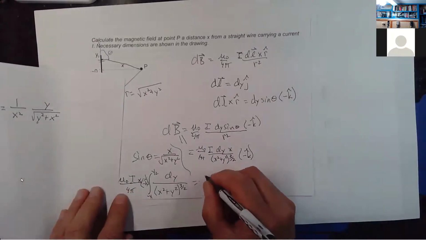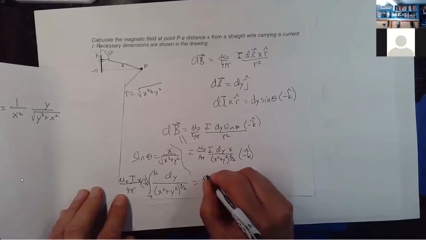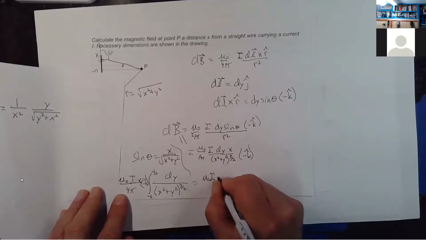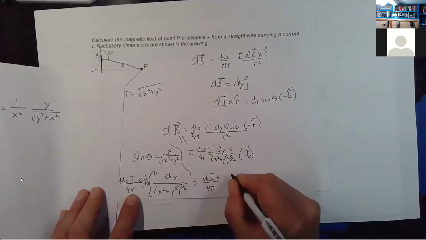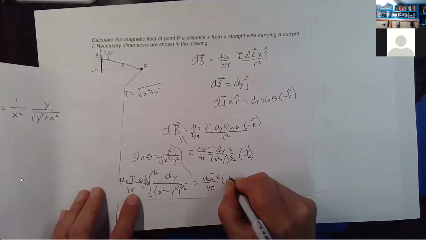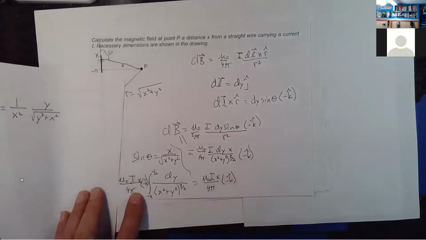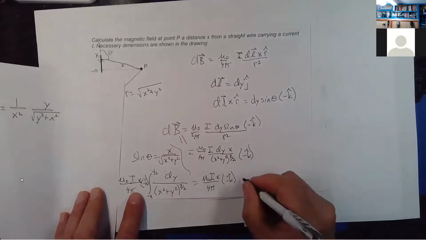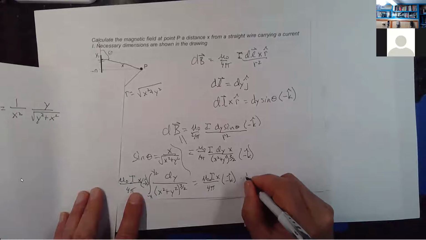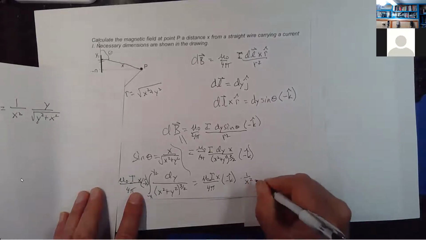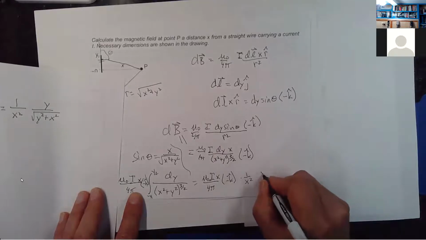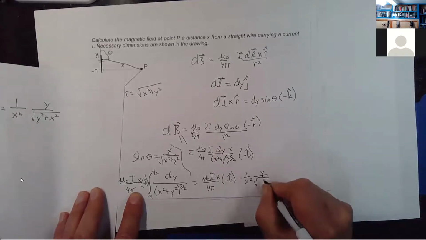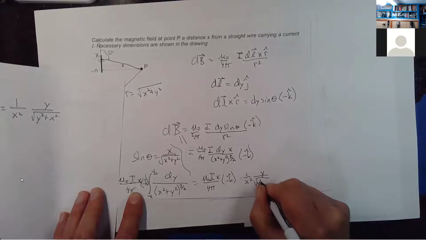mu naught I x over 4 pi in the minus k hat direction. Now the integral is going to be 1 over x squared, let's see, y over the square root of y squared plus x squared.